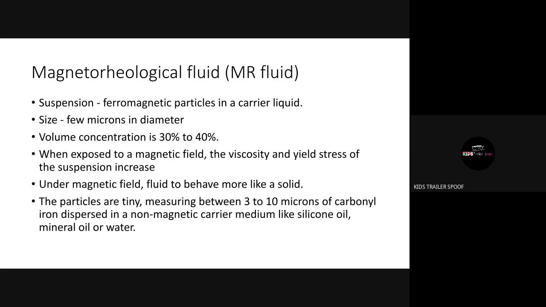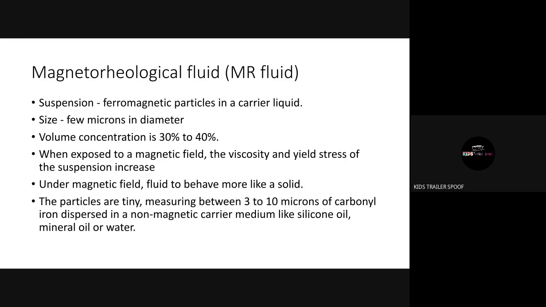And regarding the size, the particles will be in the order of a few microns, a few micron level diameter. And regarding the concentration, the volume concentration is about 30 to 40%.